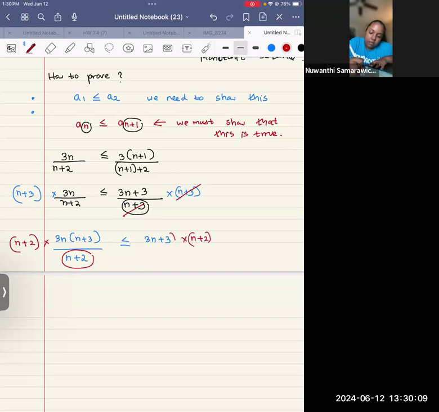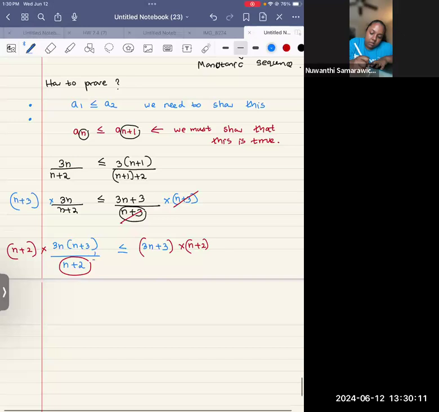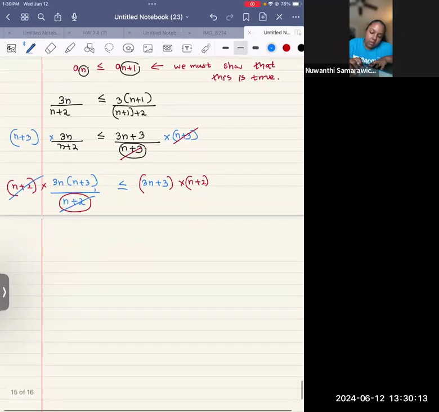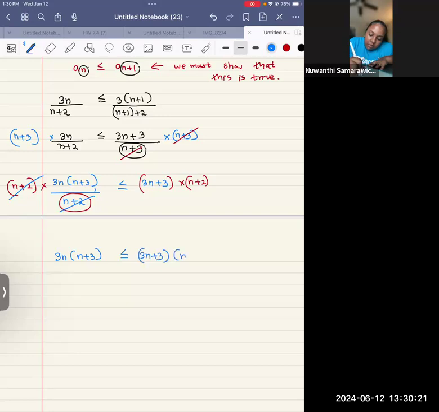So this gets cancelled. So now you will have 3n(n plus 3) less than or equal to (3n plus 3)(n plus 2). So distribute the left hand side, you will get 3n squared plus 9n. The right hand side, if you use the FOIL, let's use the FOIL.